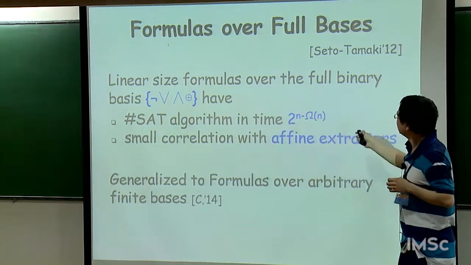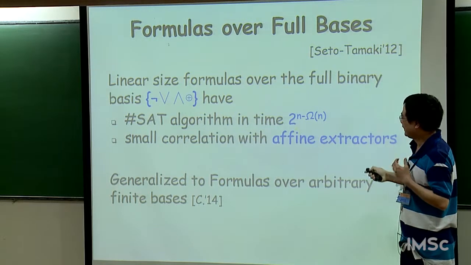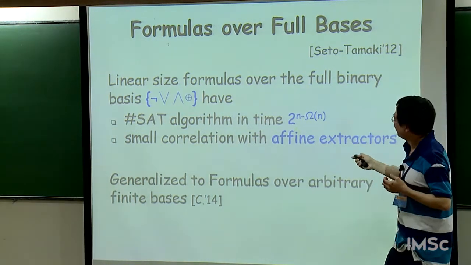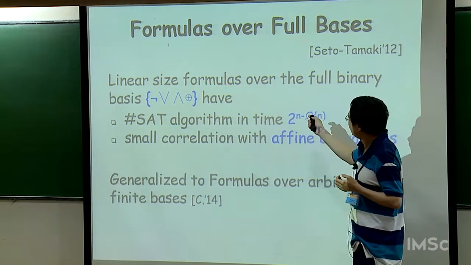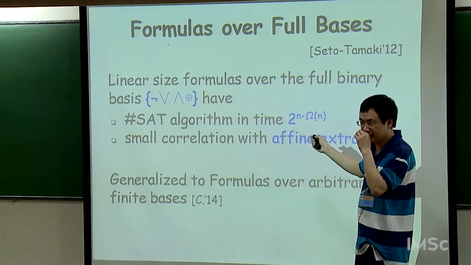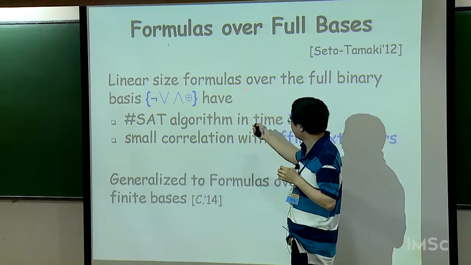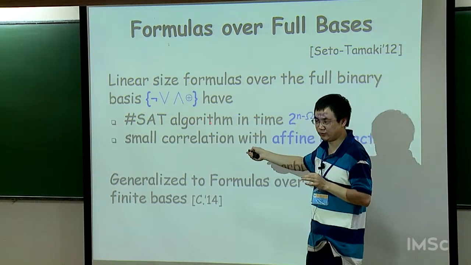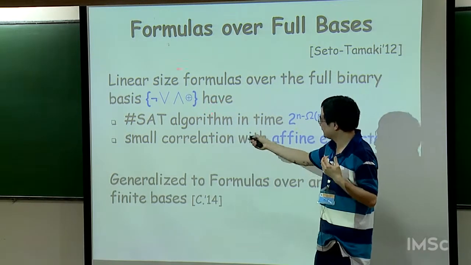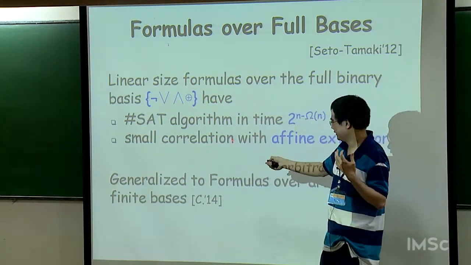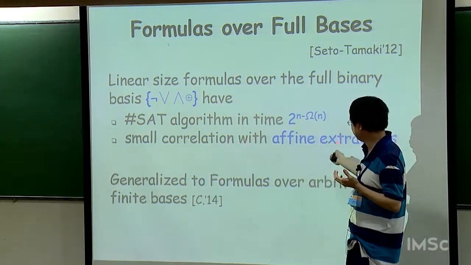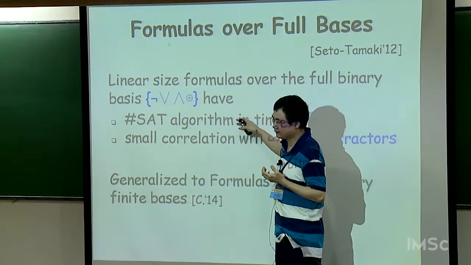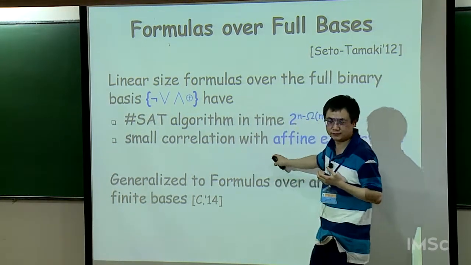Sato and Tamaki essentially extended Rahul's result to formulas of linear size over the full binary basis. This shows that linear size formulas over the full binary basis have a non-trivial SAT algorithm. On the other hand, such formulas have tiny, exponentially small correlations with affine extractors. So that's the algorithm result and the average case lower bound result.